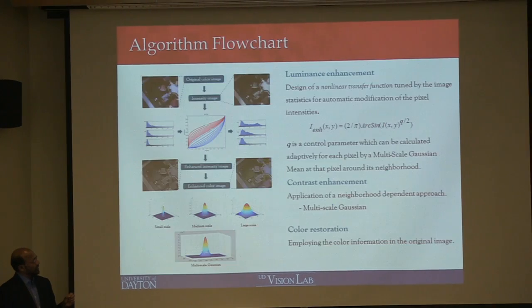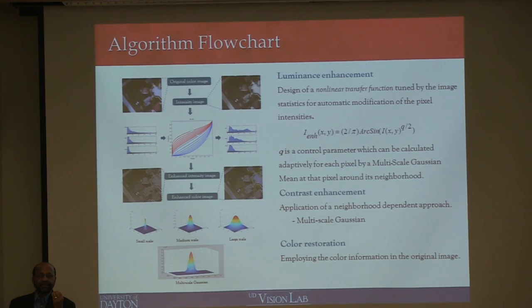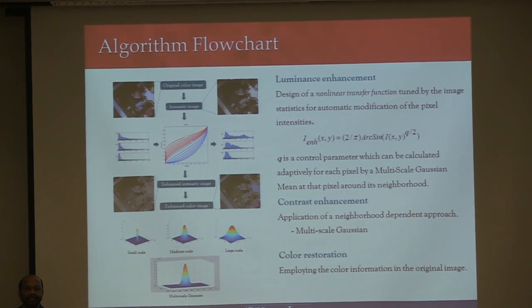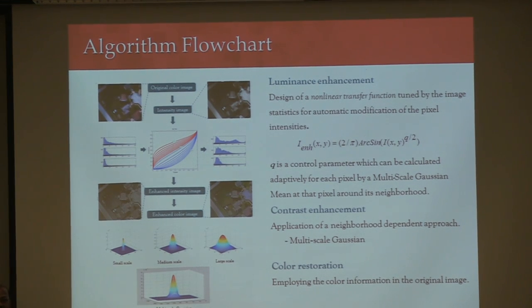What the system does is it extracts the information of every pixel in the image, and then with respect to its neighborhood, it assigns a particular transformation function to improve the intensity or reduce the intensity. You improve the intensity of a darker area, you reduce the intensity of an overexposed area, or don't do anything for a normal visible region. So those kinds of activity will be automatically done by the algorithm.